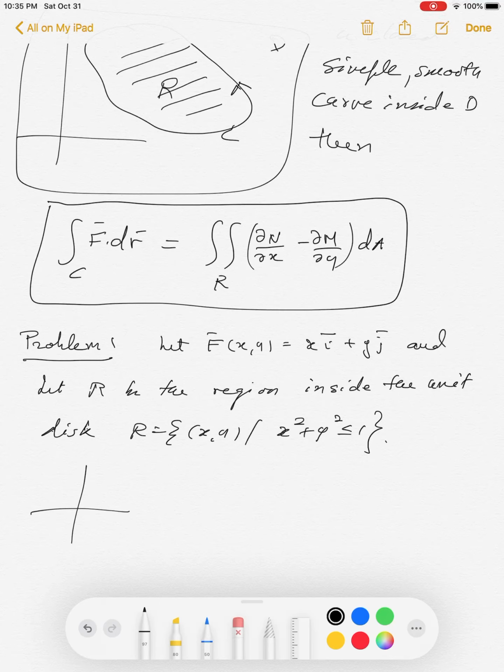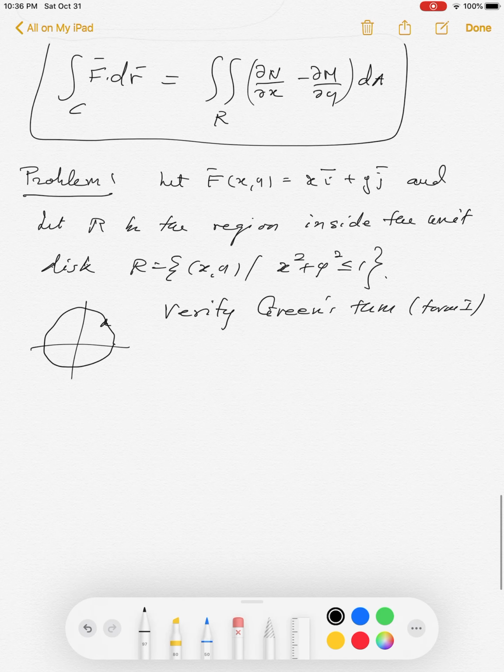So your R is going to be all points x, y for which x squared plus y squared is less than or equal to 1. So here is a picture, and the problem is verify Green's theorem, form 1. I'll tell you about form 2 later. First, let's practice with this. So what you will do is calculate the integral on the left, the line integral, and calculate the double integral, and we'll see that they are equal.